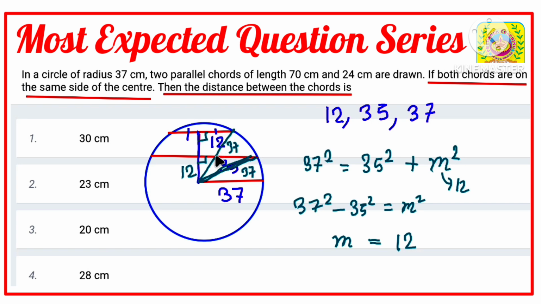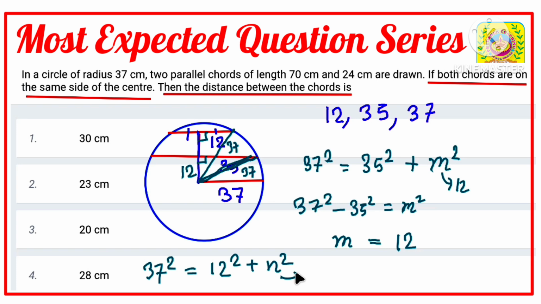Now if we consider this particular triangle where this one is 90 degree, then this is the hypotenuse, that is the radius of the circle. So here also you can write 37 squared equals 12 squared plus this one, this whole thing, let this be n. So n squared, so here 37, 12.